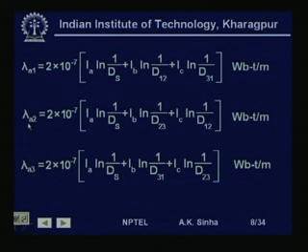Similarly, the flux linkage for the phase A conductor in the second 1/3 length of the line will be 2 into 10 to the power minus 7 into I A log n 1 by d s, that is its own distance, plus I B log n 1 by d 2 3.